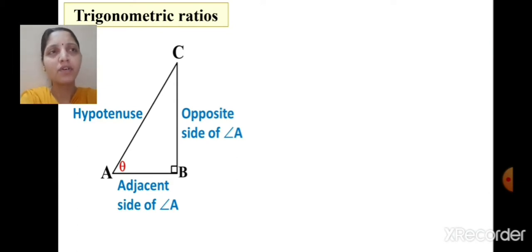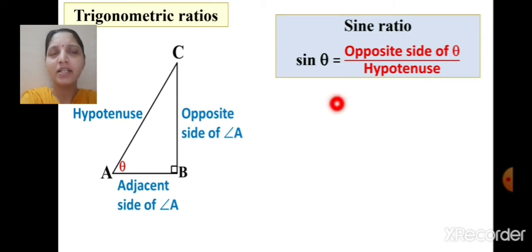So what is the first ratio? It is sine ratio. It can be written as sine theta. What is the formula for sine theta? Yes, it is opposite side of theta upon hypotenuse. That means if you consider this triangle ABC, then opposite side of theta is side BC and hypotenuse is AC.